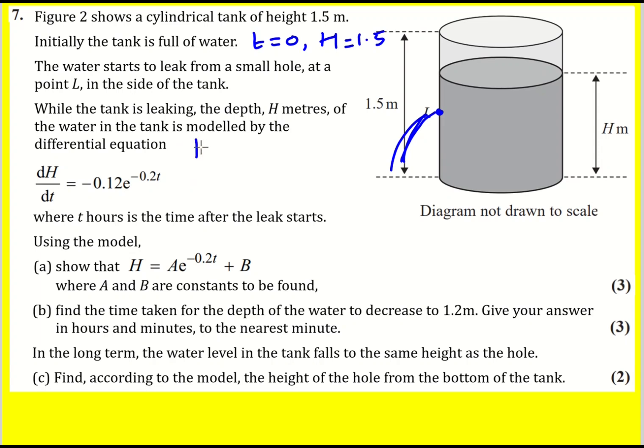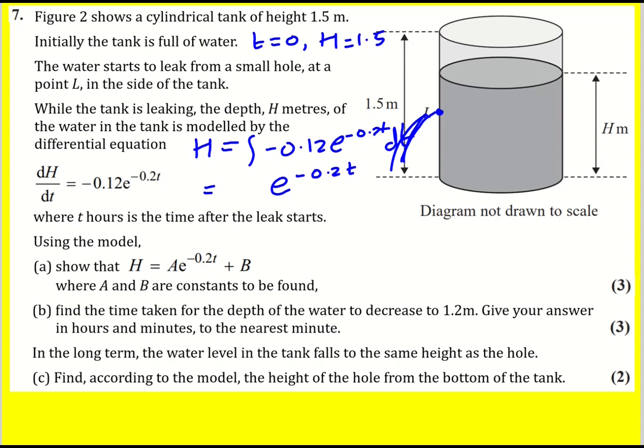Let me actually write it up here. So h is going to be the integral of minus 0.12 e to the minus 0.2t with respect to t. When I integrate an exponential, I'm going to get the same thing, but we're doing reverse chain rule here.